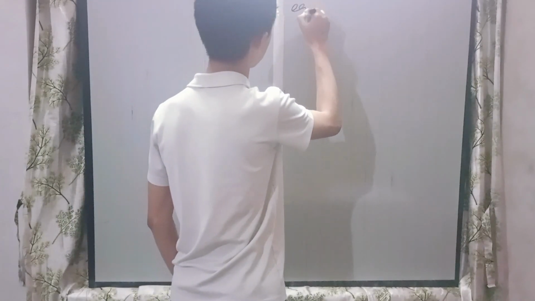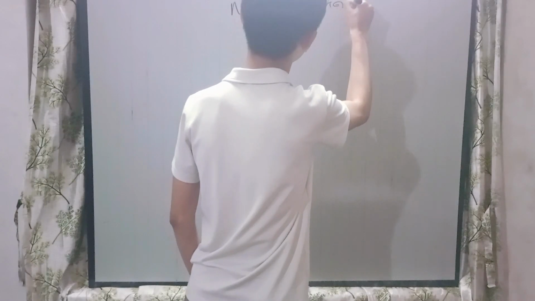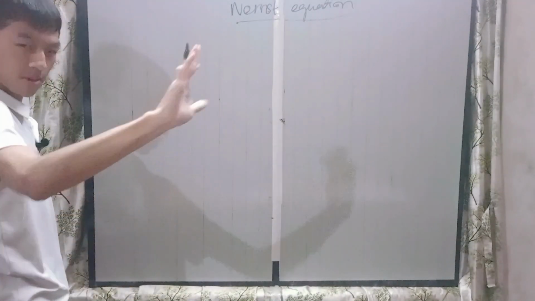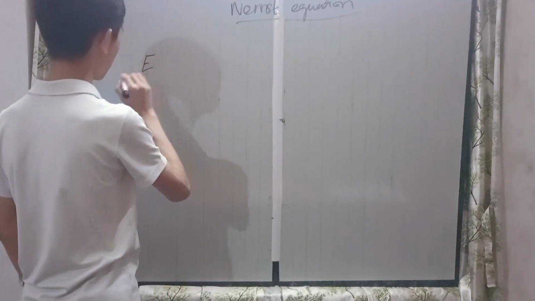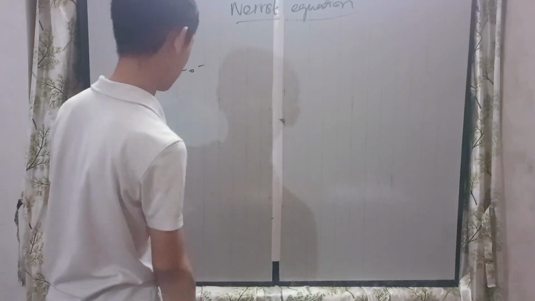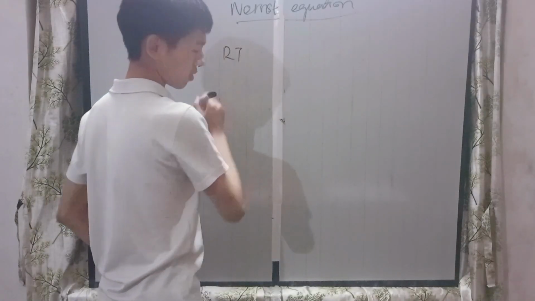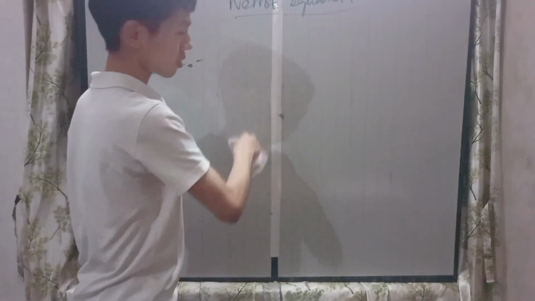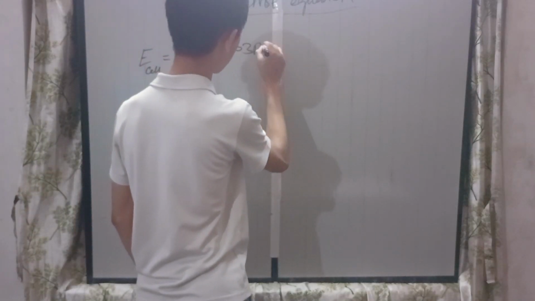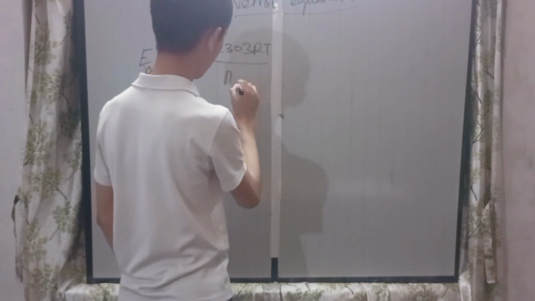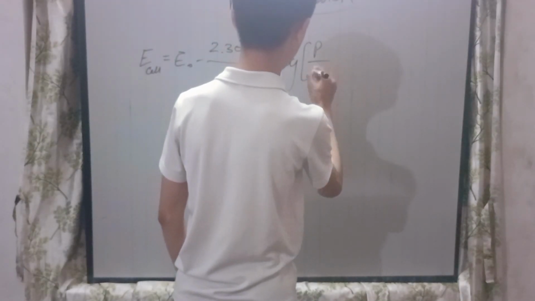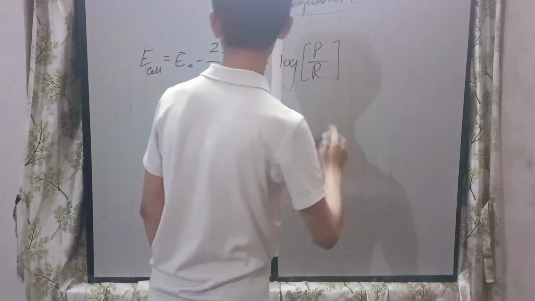E cell is equal to E naught minus 2.303 RT divided by nF, log of products divided by reactants.